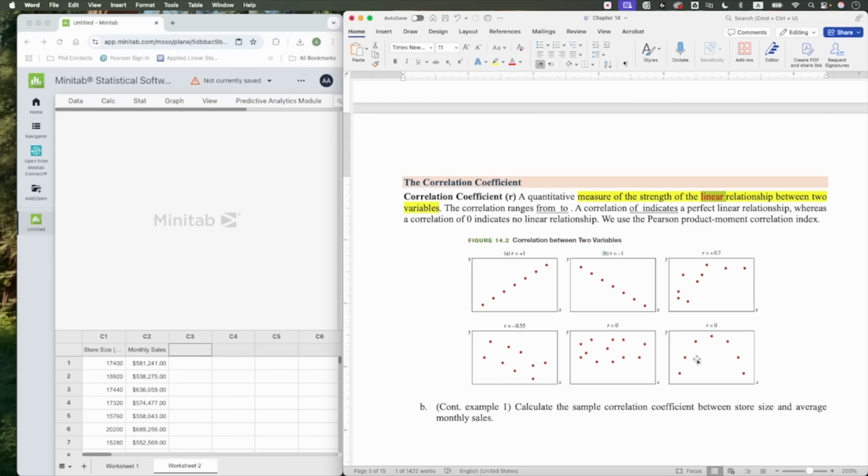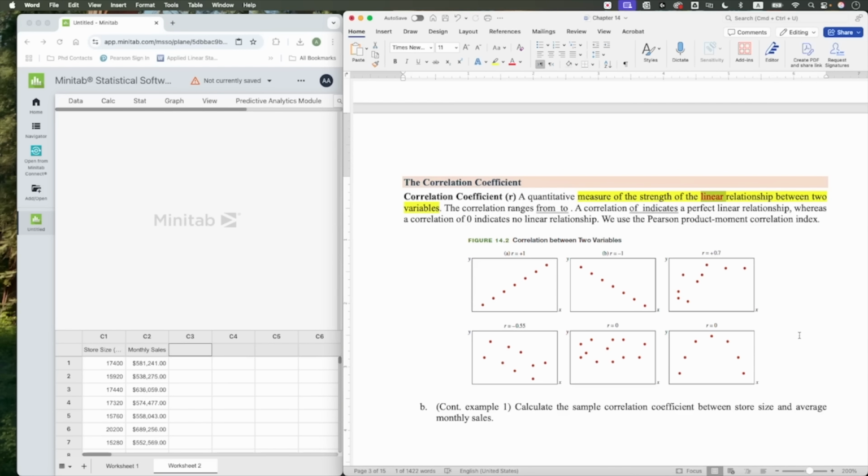If the value goes to positive 1, then we have a strong and perfect positive relationship. If the value of R is very close to -1, we have a strong negative relationship. If the value of R is, let's say, 0.6, 0.7 and above, it is strong.